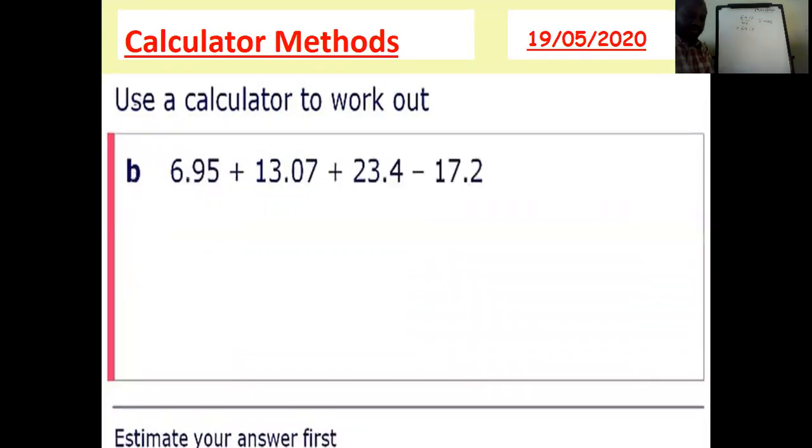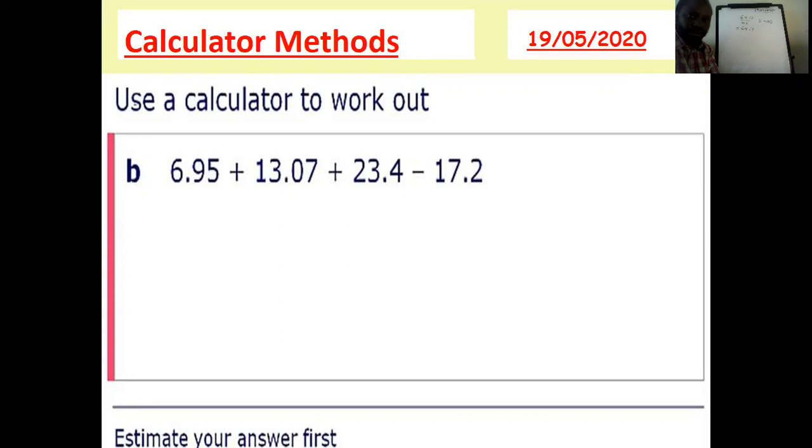Next question. Use a calculator to work out 6.95 plus 13.07 plus 23.4, take away 17.2. Before you use a calculator, make sure that the calculator screen is blank by pressing the on button on the top right.